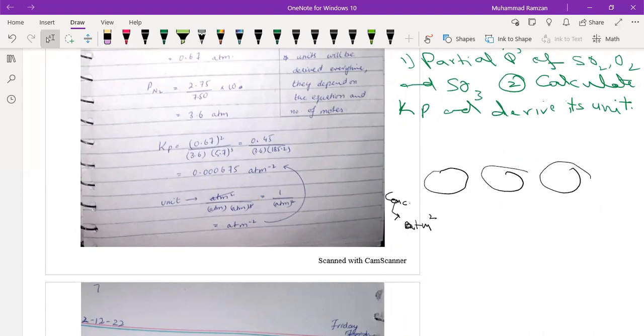I'm not asking about the factors affecting dynamic equilibrium, rather I'm asking about Kc and Kp.